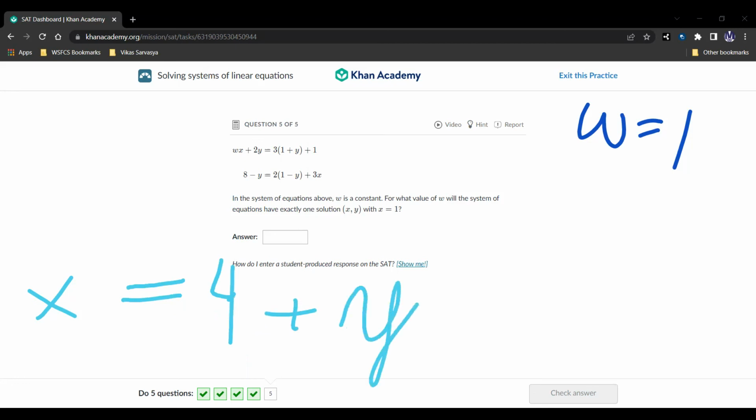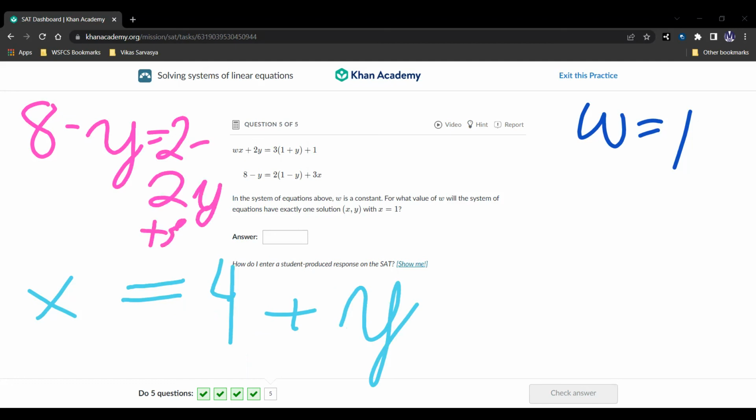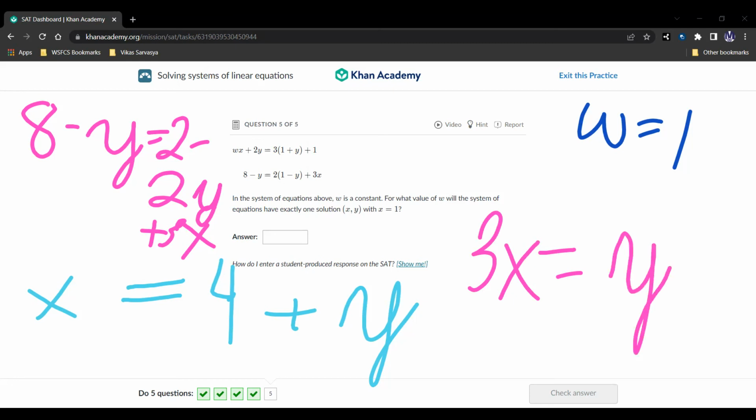And on the second equation, we get 8 minus y equals the 2 minus 2y plus 3x. So we add the 2y, we subtract the 2, and we get 3x equals, we add the y, so we get y plus 6.